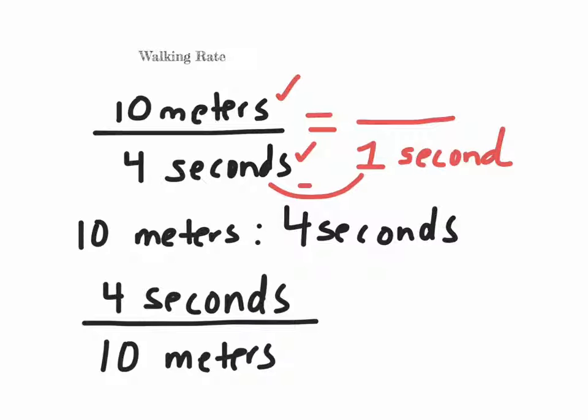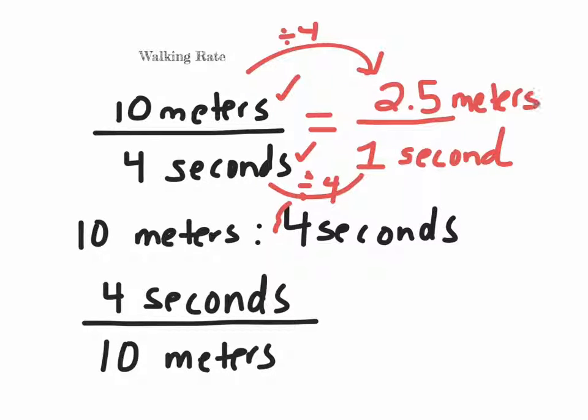So I can divide by 4 in the denominator, divide by 4 in the numerator, and get 2.5 meters in 1 second. So if my question's asking me how many meters can I walk in 10 seconds, how many meters can I walk in a minute, this would be a very good unit rate to use.